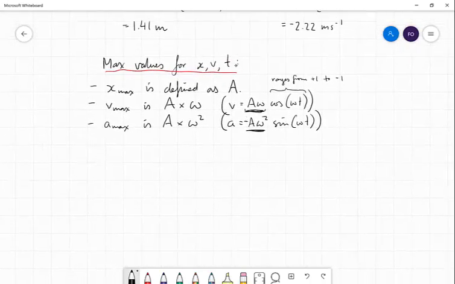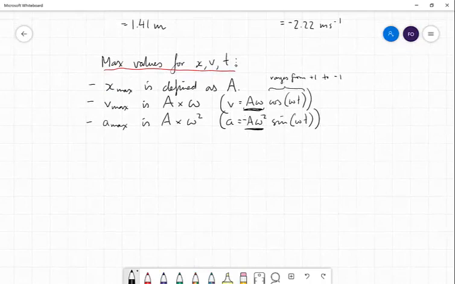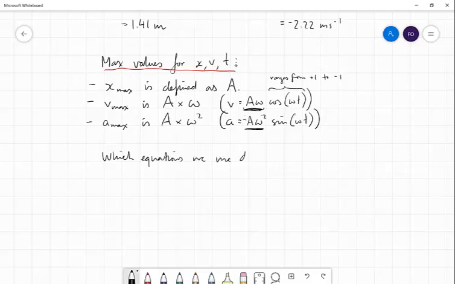Okay, and finally, there's one little detail that you need to be aware of. Which equations to use depends on the starting point.